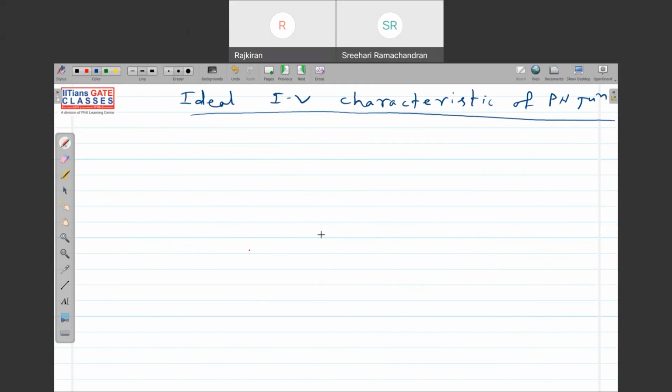What we are going to do is take a PN junction and apply a forward bias.